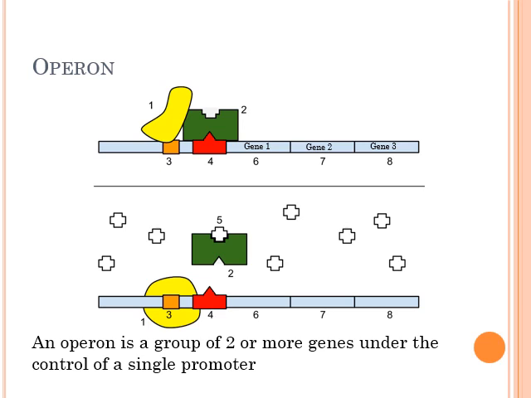So instead of one gene, here's a promoter, and you've got 3 genes involved now. That's an operon. You've got many genes controlled by one promoter. It's 2 or more genes controlled by one promoter.